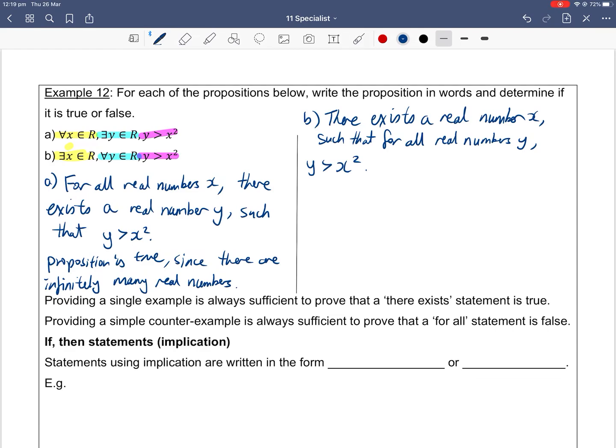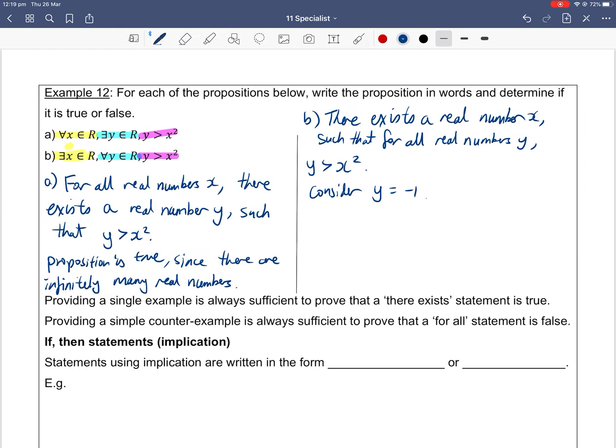No, because if you consider any real number, you can always find a number which is not bigger than that. So consider y is -1. If y is -1, can you find an x value such that -1 is bigger than x squared? No, because squaring anything is always positive, always bigger than or equal to 0.